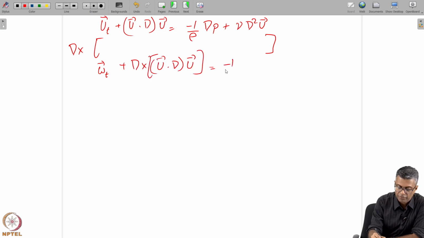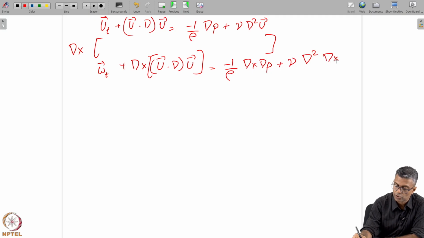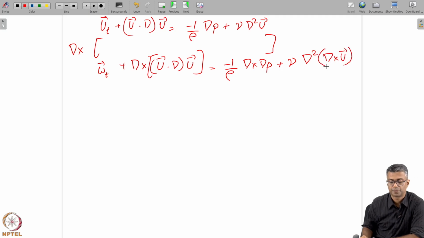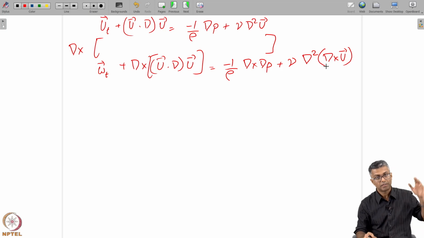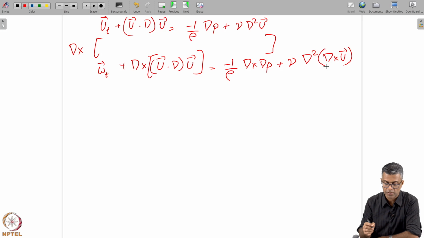And then I will have on the right hand side minus 1 over rho del cross del p plus nu, kinematic viscosity, and del squared, I'm flipping the operator here. So del squared del cross u. That's what happens. So most of it is straightforward. I have the rate of change of vorticity on the leftmost side. Now let me pick up the easier ones first.